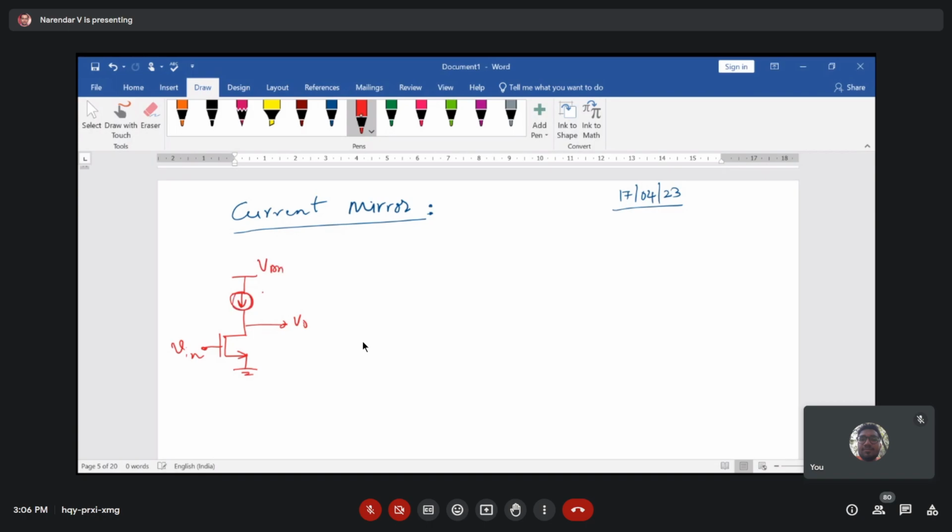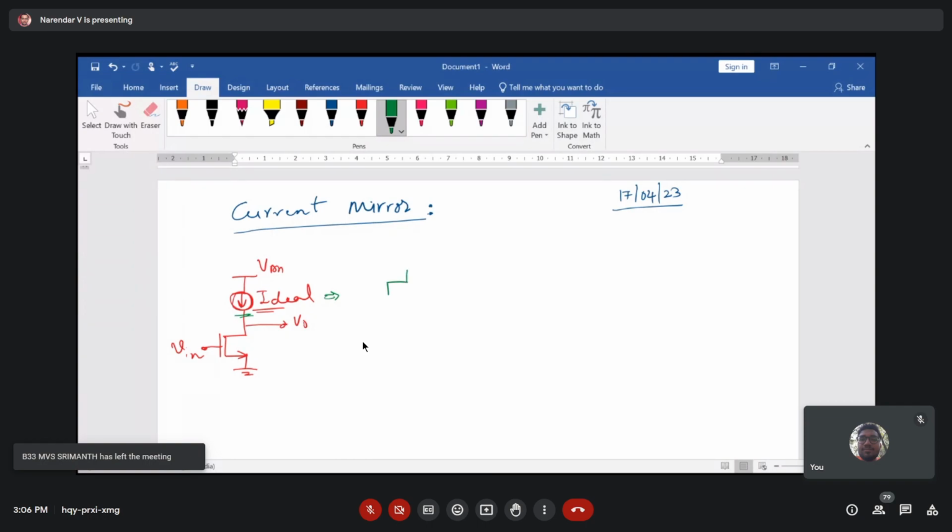This ideal current source can be replaced with different configurations, with a resistor or a diode-connected load. So you can make this circuitry using a MOS transistor by biasing it, right?